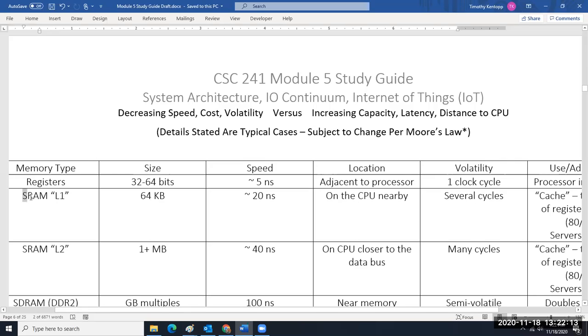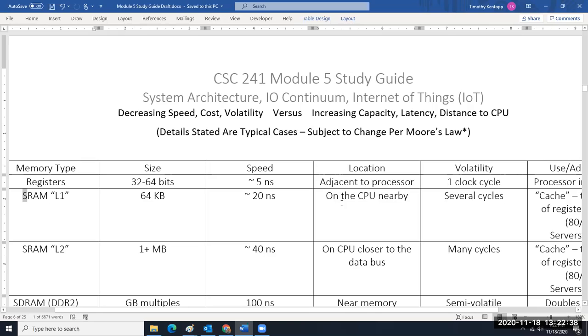And if it's SRAM, S means static RAM. And there are two types, actually three types of static RAM: level 1 or L1 SRAM, level 1 static RAM. Just remember the S stands for static, and it's sitting on the CPU.